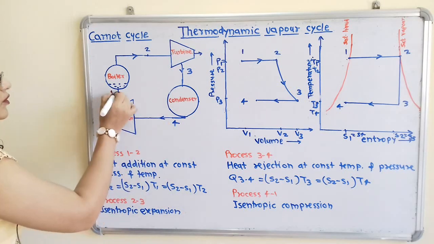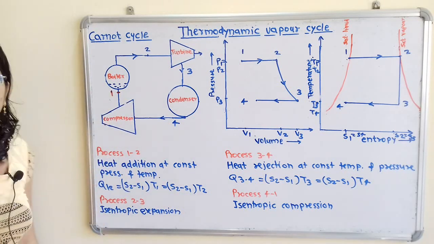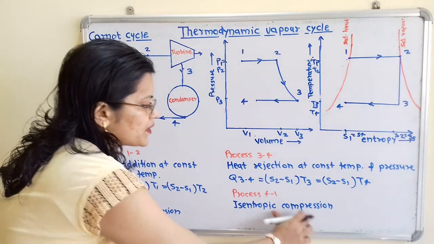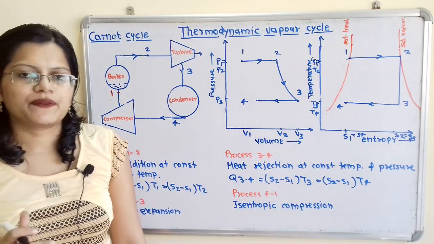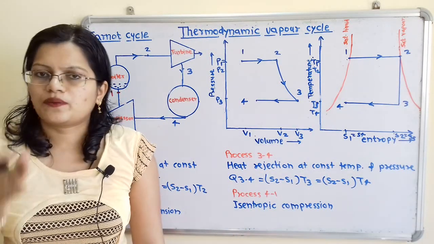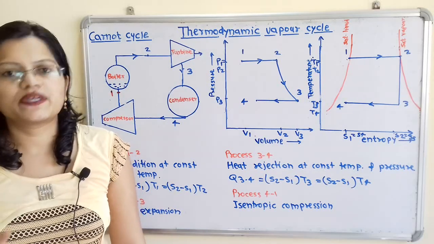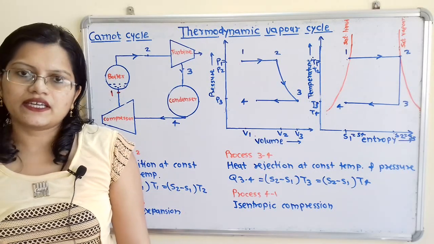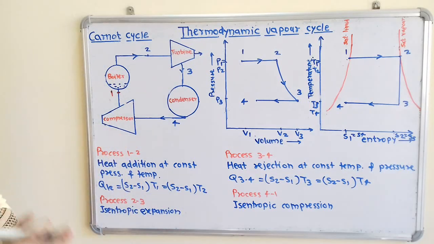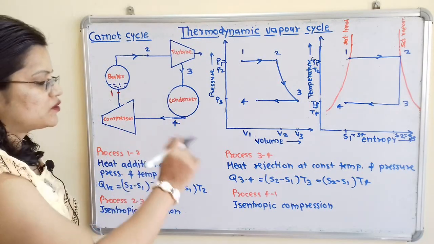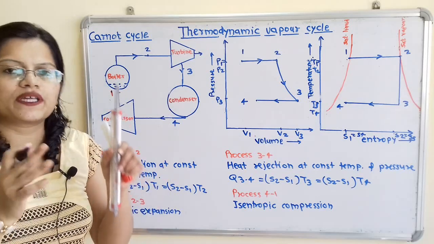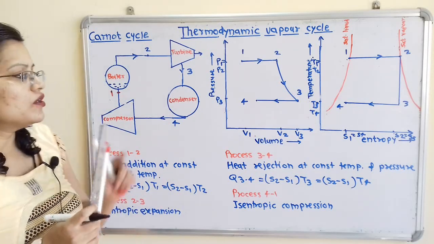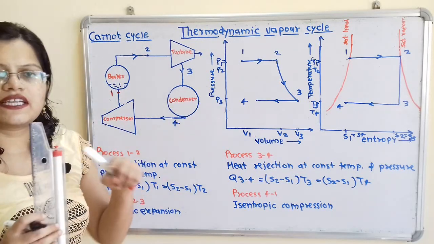So for the process 4 to 1, there is the compressor, and isentropic compression process is taking place. So process is isentropic, that is a constant entropy, so no heat is added and no heat is getting rejected. Now we have to show this process. So what is happening when the compression process is taking place? So its pressure is getting increased.